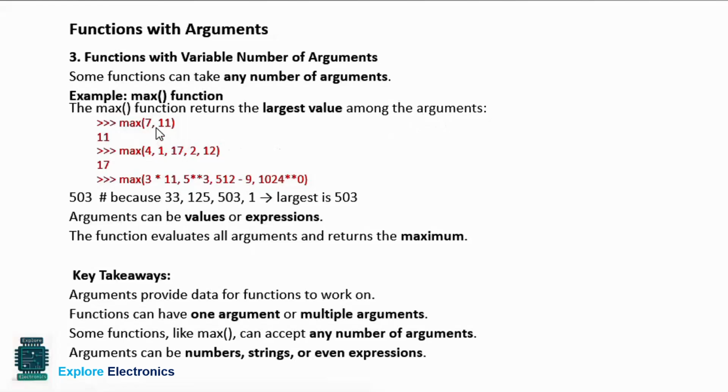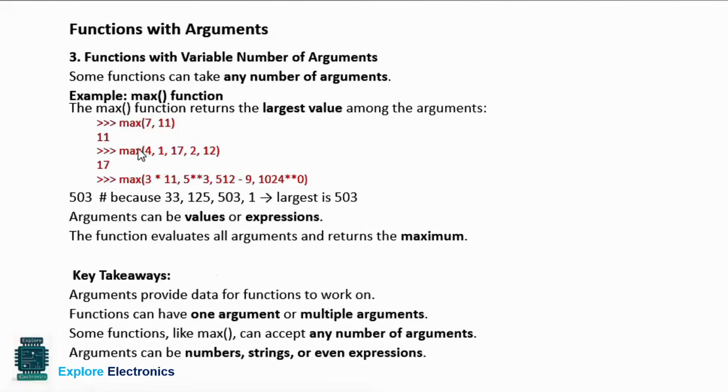If I take two arguments, it will return the largest value. If I take 4 to 5 numbers, it will return the largest value. Likewise, I can take multiple arguments here.